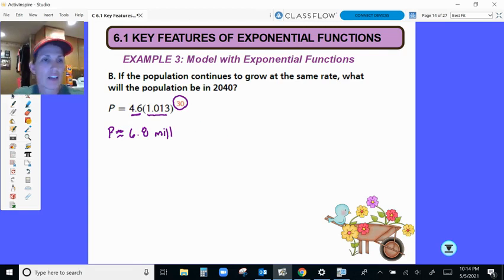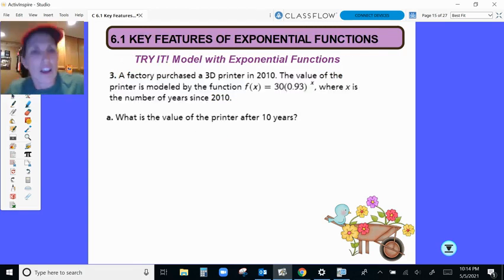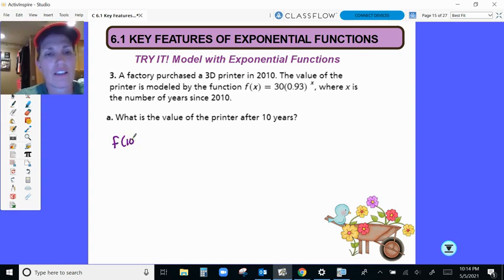All right, so a factory purchased a 3D printer in 2010. The value of the printer is modeled by this function, so it's decaying, where x is the number of years since 2010. What is the value of the printer after 10 years? We have f of x, so f of 10 equals 30 times 0.93 to the 10th power.